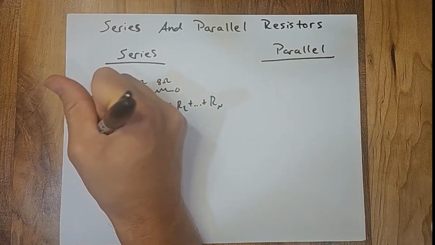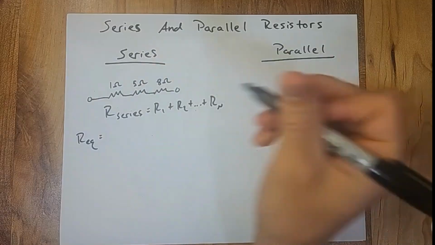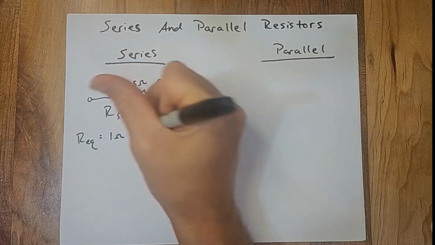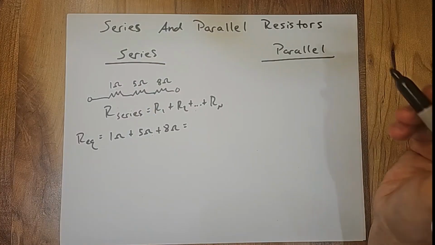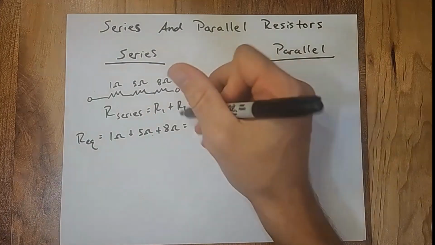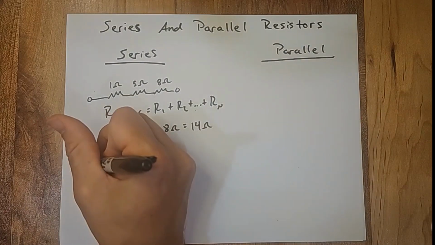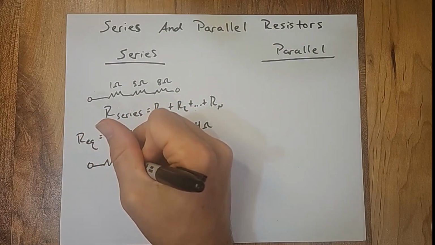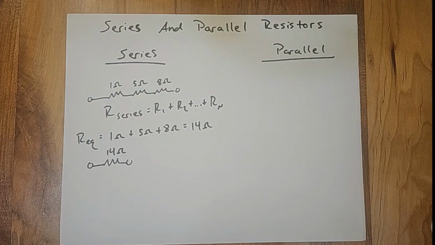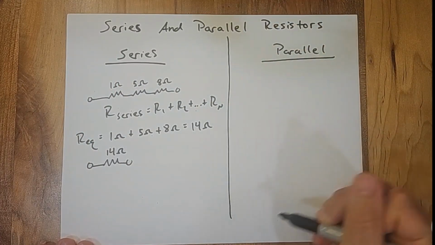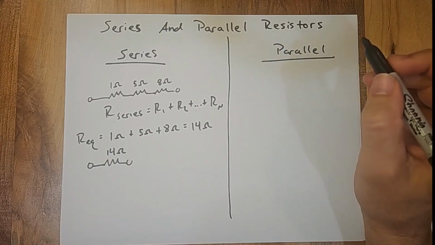The equivalent resistance is going to be 1 ohm plus 5 ohms plus 8 ohms, which of course 1 plus 5 is 6, and then 6 plus 8 is 14 ohms. So we can simplify this by just writing 14 ohms. Now let's try something that's a little bit more involved sometimes, but once you do one or two examples, it's going to be super easy.